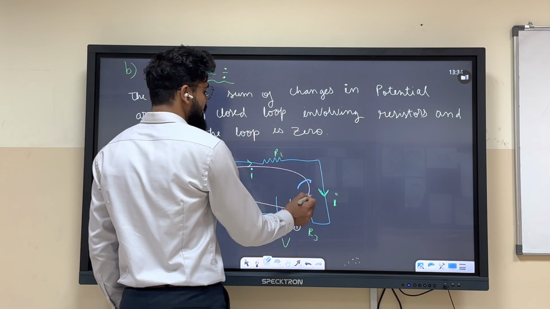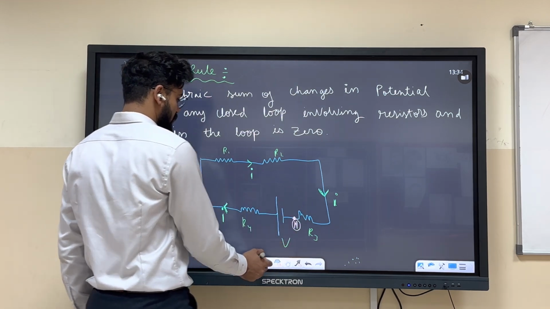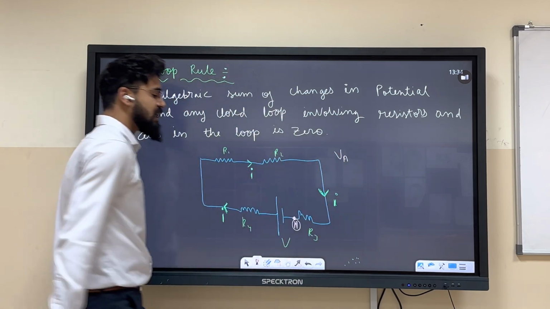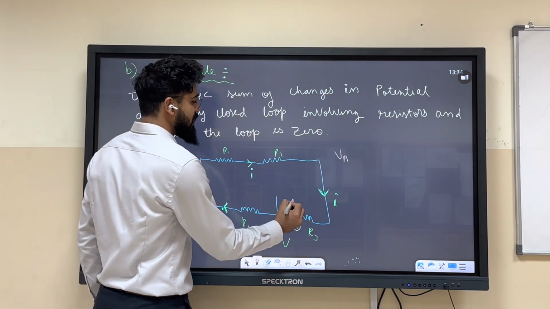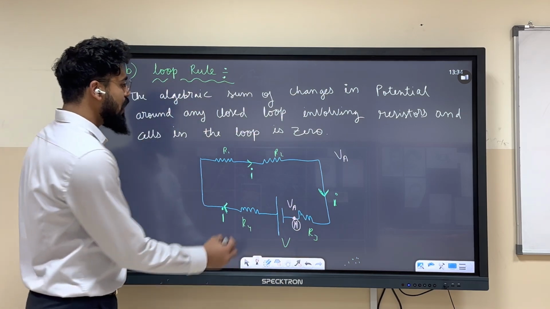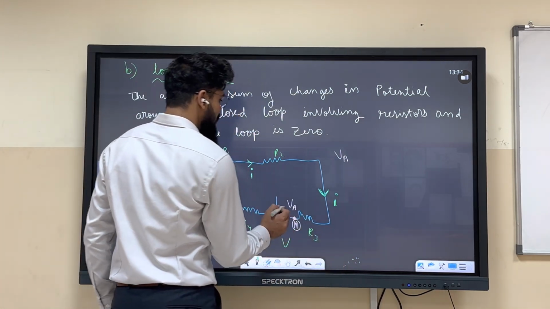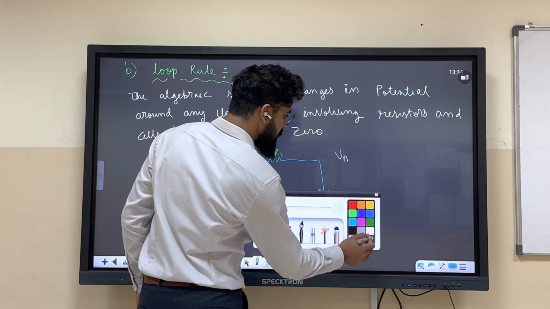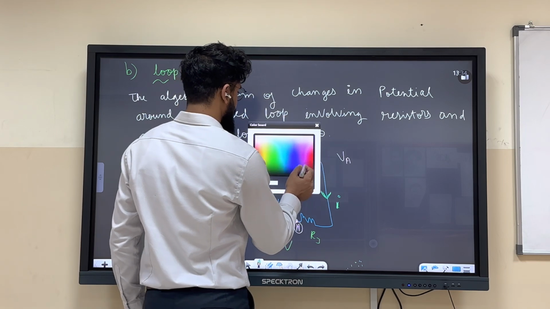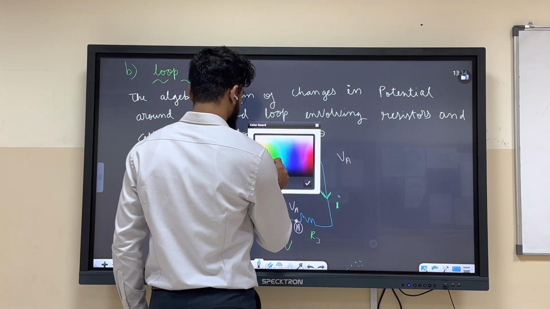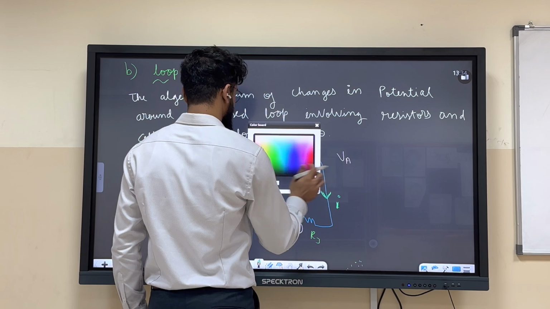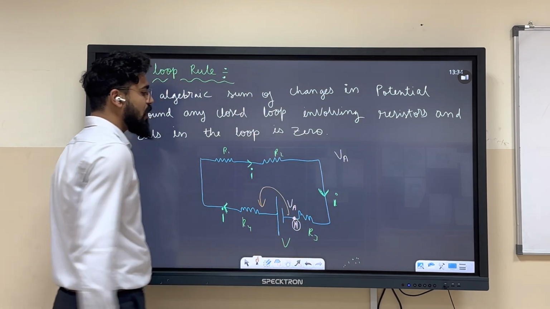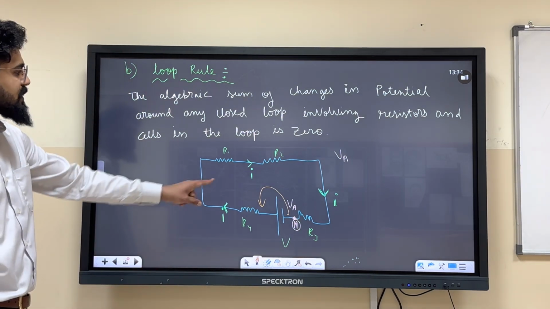So let's do it and find out whether this is coming or not. We are starting with A, with potential VA. Now let's say we are jumping from this point to this point.